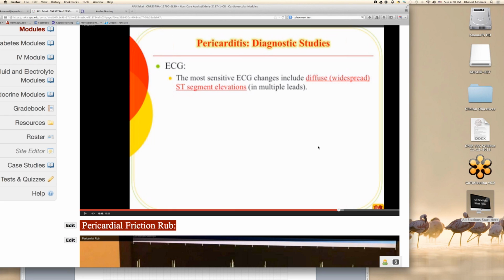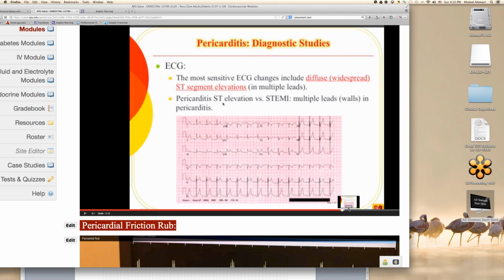Now, as you see, the pericardium covers the whole heart. So every time the heart contracts, the coronary arteries get squeezed between the inflamed pericardium and the heart. And every time that happens, that decreases the perfusion, and that's why you see ST elevation.